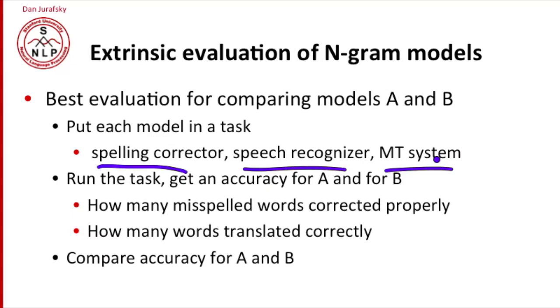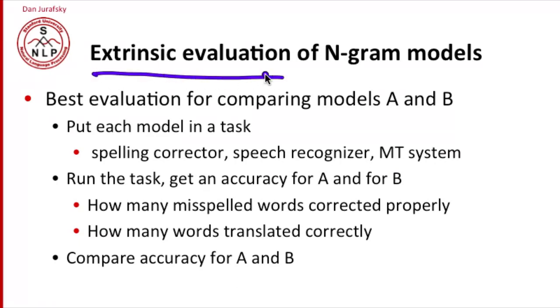And now we just compare the accuracy of the two models. Whichever model has a higher accuracy is the better language model. So this is called extrinsic evaluation. We're using something external to the Ngram model itself and looking at our performance on that external task.